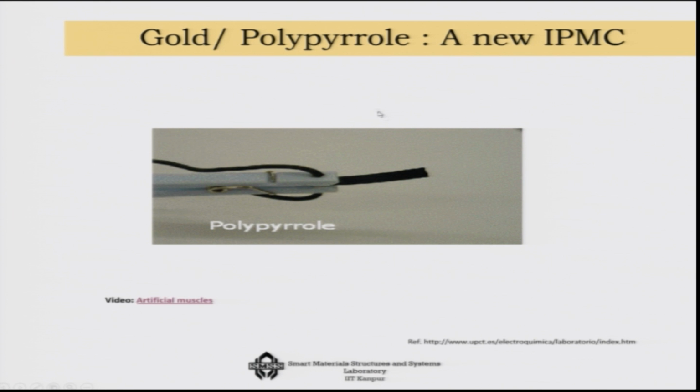Thus, IPMCs can be used in various cases where you can generate large deflections, and as a result you can manipulate an object, do pick and place of an object at a location, or use it for flow control and similar purposes.